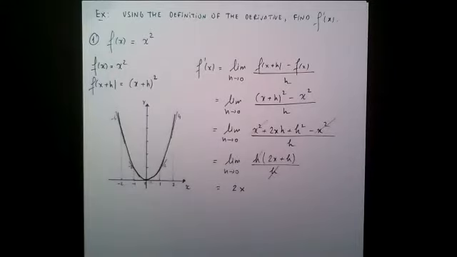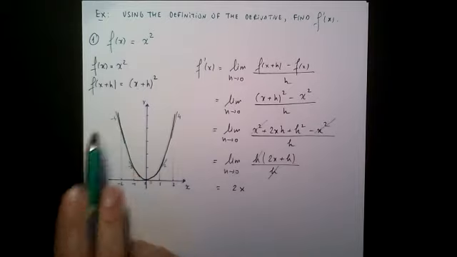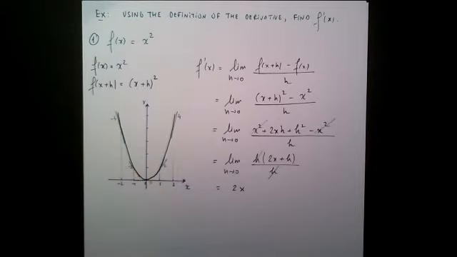Exactly. So 2x is only for the right part. No, even for the left part. 2 times x, x is -1. 2 times -1 is -2. If x is -2, 2 times -2 is -4. The slope is -4. Do you understand or no? Yeah.